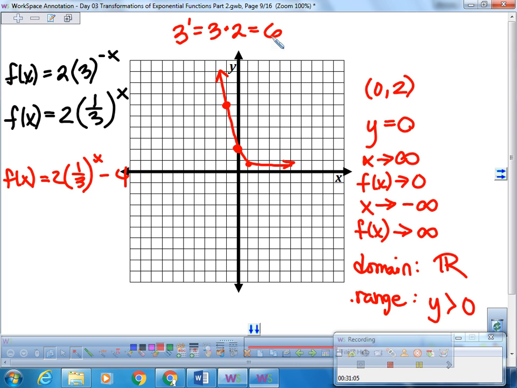But this is decay, so normally I'd go over 1, up 6, but it's decay, so it's on the other side of the y-axis. I still can't hear you. You multiply by 2. That's what this means. Multiply means whatever my function is, I'm multiplying it by 2. If it was a 3 out here, I'd multiply it by 3, and I would have 9. It'd be over 1, up 9.